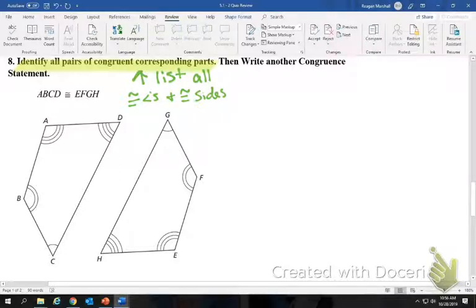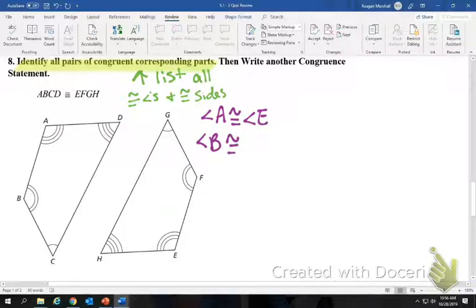So I told you the key to a problem like this is not necessarily the picture. It's just to read this statement. It's a lot easier. It goes a lot quicker if you just look at the statement and move on. Like it tells me angle A is going to be congruent to what angle on the other figure? Angle E. They're both the first letter. Good. Keep going with that pattern.